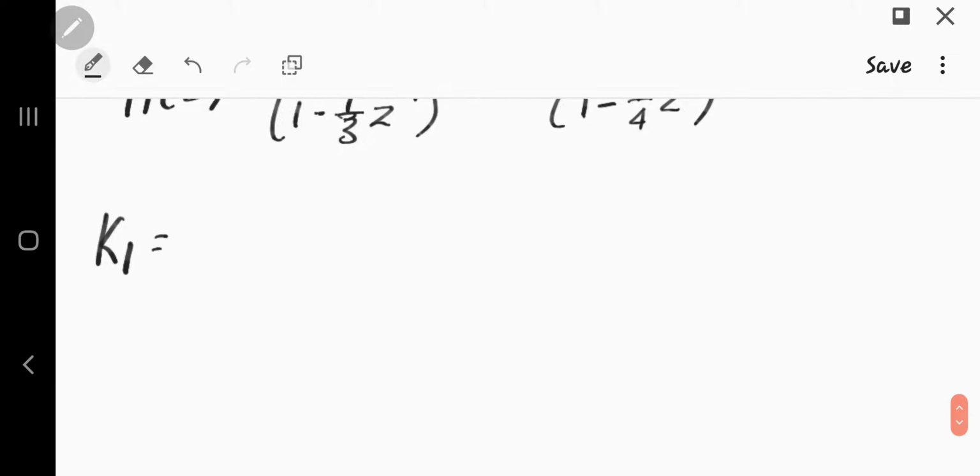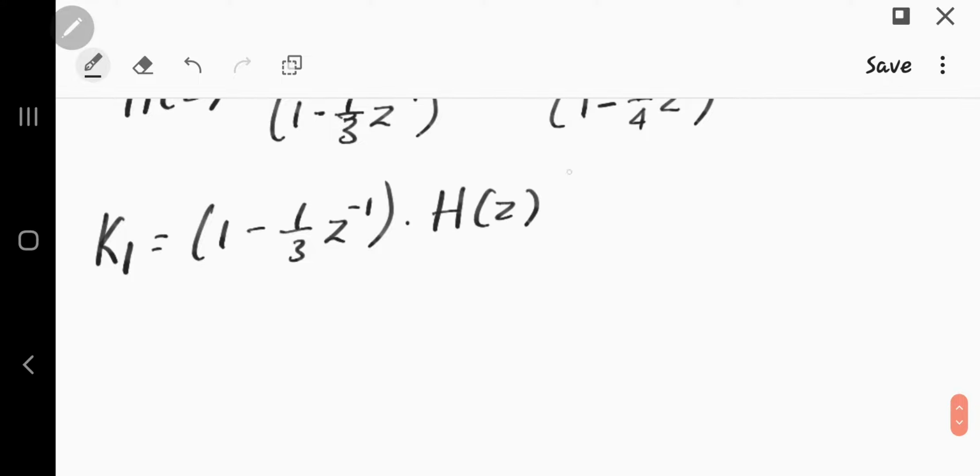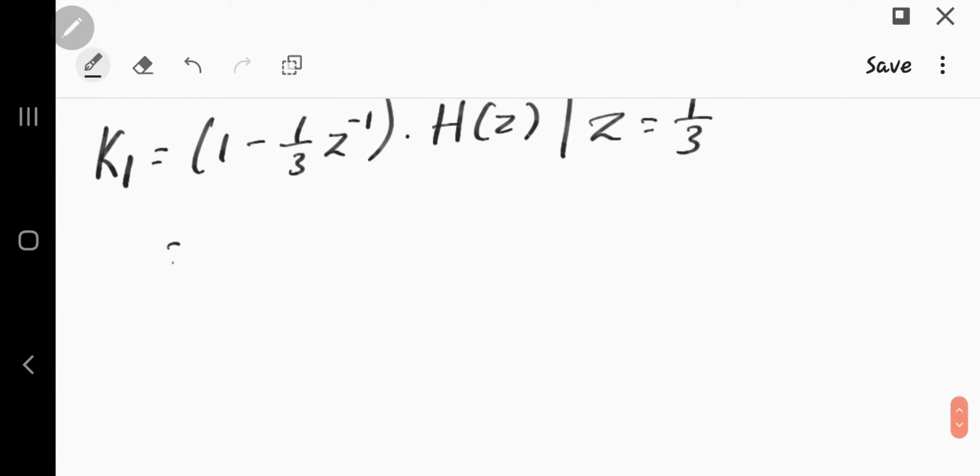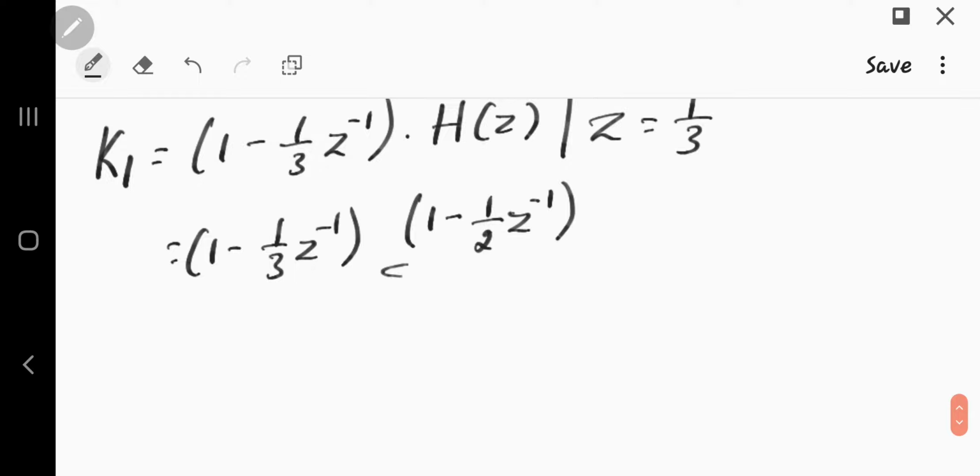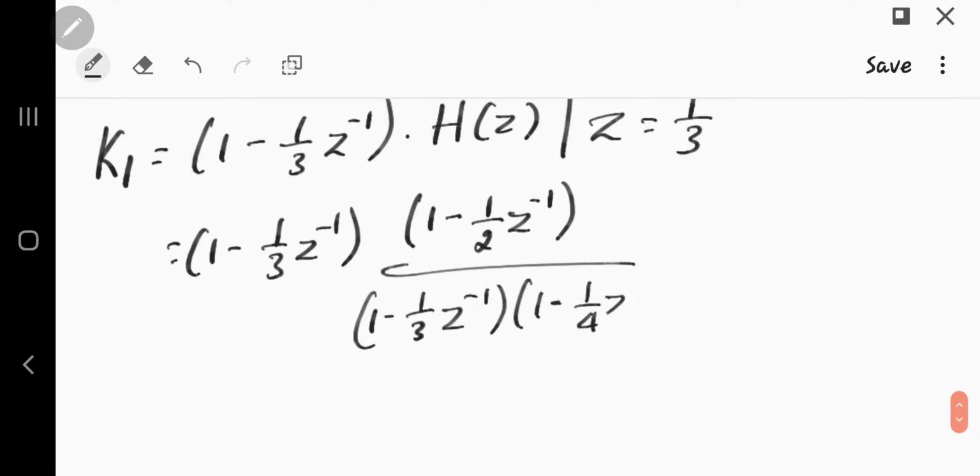So k1 is equal to 1 minus 1 by 3 z inverse into h of z, where z takes the value 1 by 3. So 1 minus 1 by 3 z inverse into 1 minus 1 by 2 z inverse divided by 1 minus 1 by 3 z inverse into 1 minus 1 by 4 z inverse, where z takes the value 1 by 3.